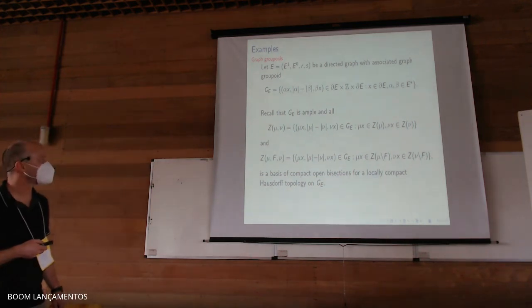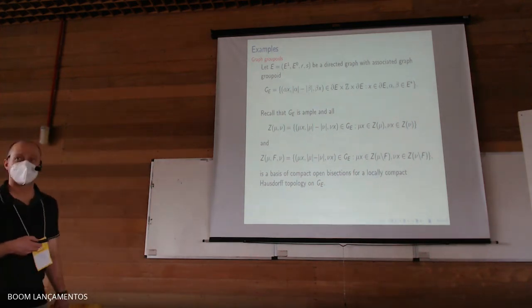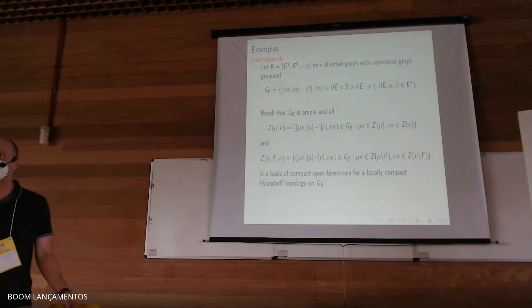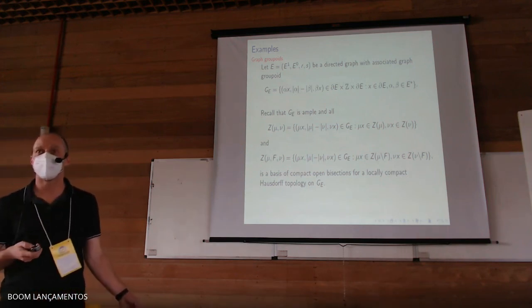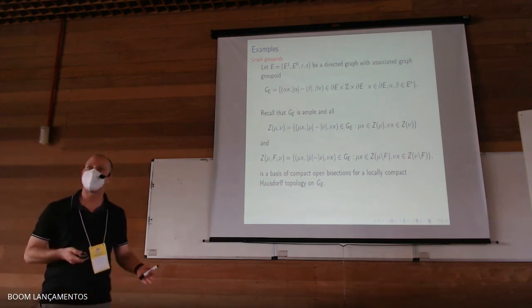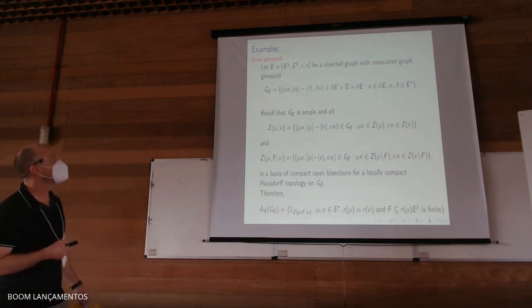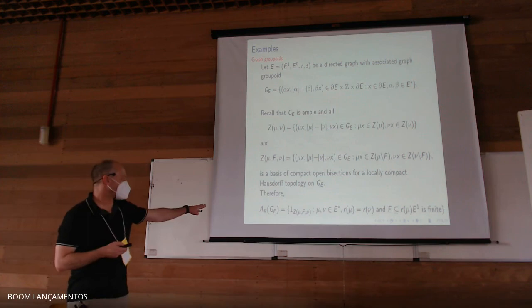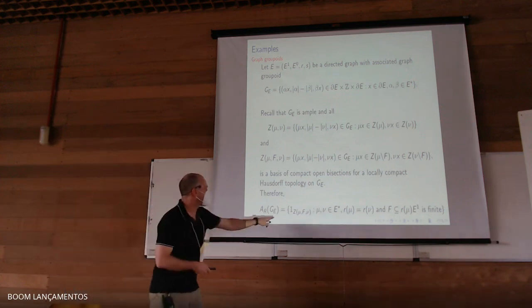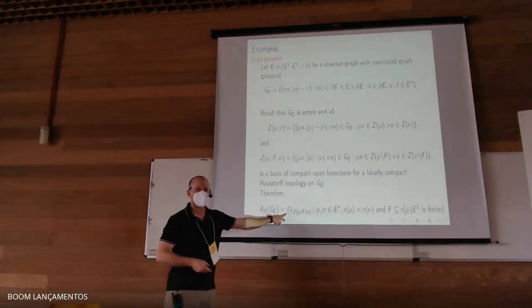Okay. Is that fine? So in particular, now that we know what the basis looks like, it means that we can give a description of the Steinberg algebra. So the Steinberg algebra is, in fact, the span. That's a typo, right?